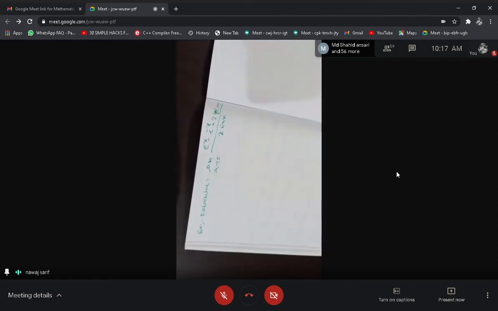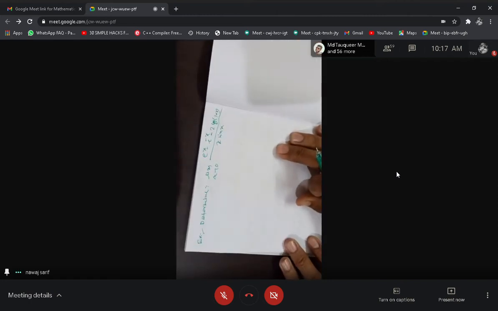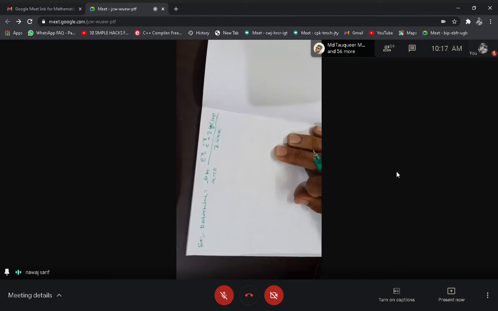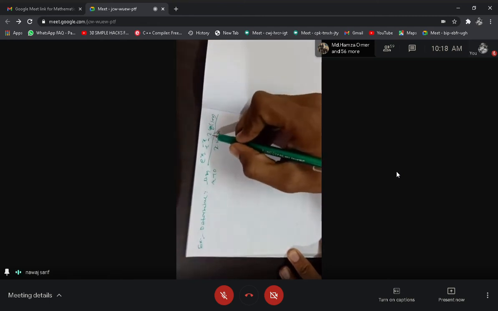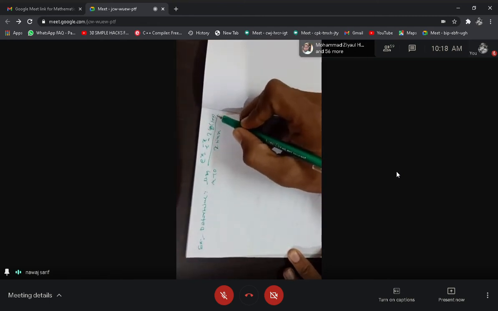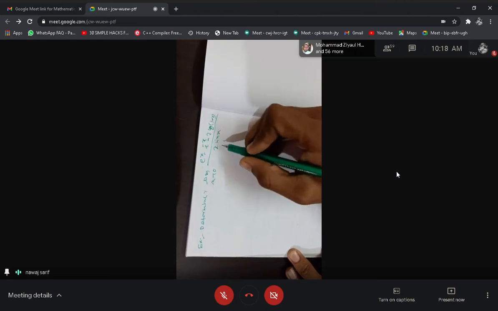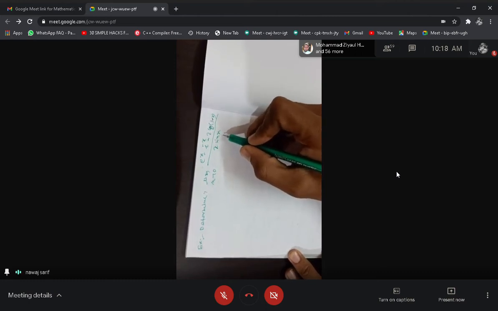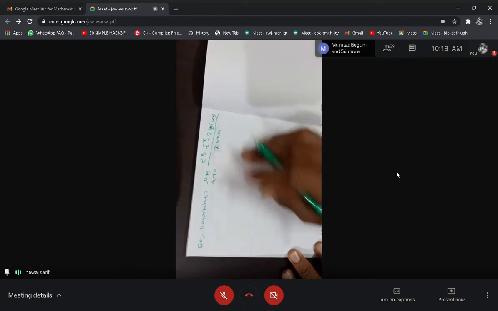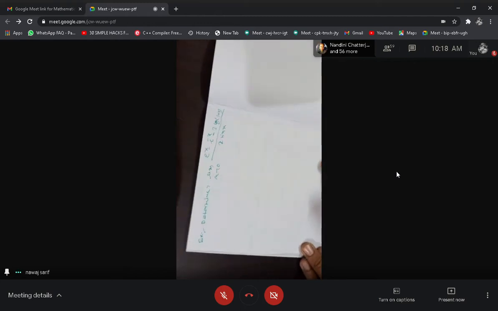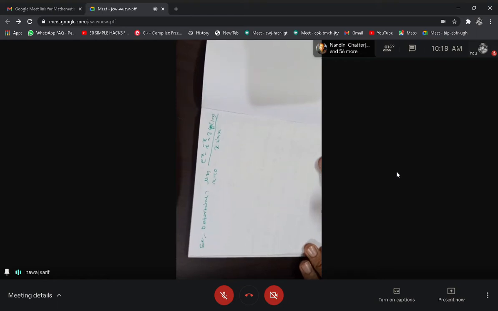What will be the limit of this function as x tends to 0?